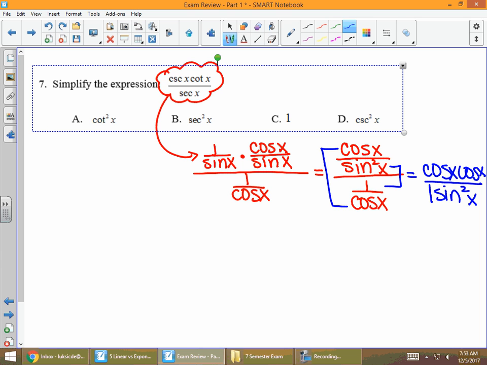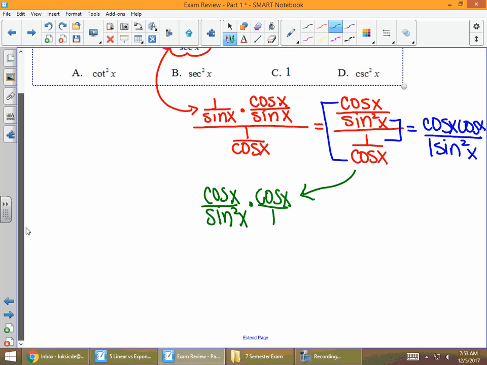If you're doing flip the second and multiply instead, your problem looks like this. Cosine over sine squared times 1 over cosine flipped is cosine over 1. So that step looks the same whether you flip the denominator or do that grouping. In either case, you get to cosine times cosine is cosine squared over sine squared.